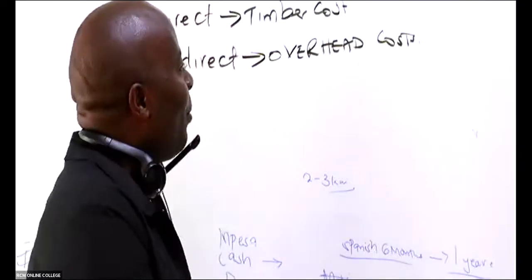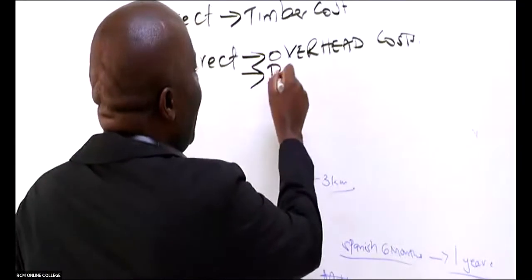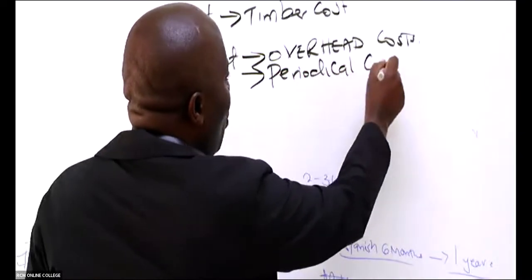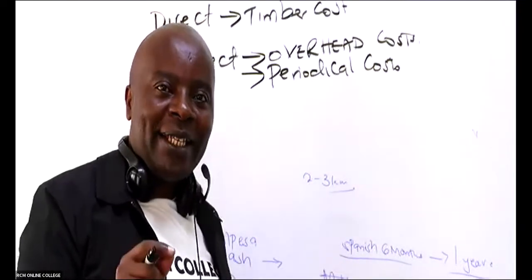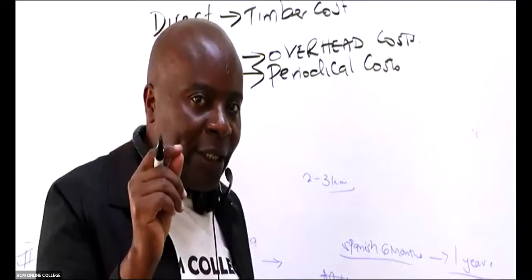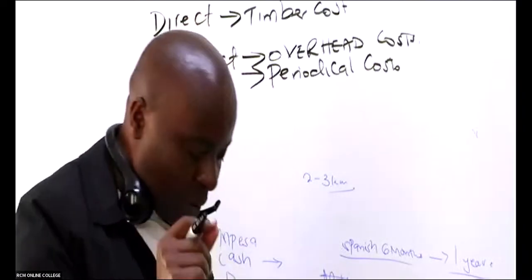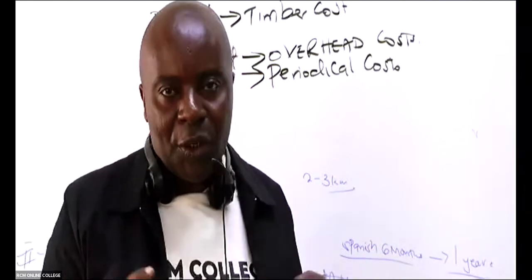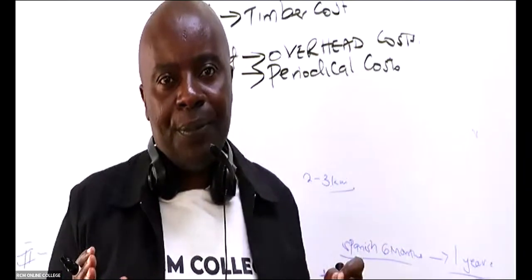We should also be able to see that these indirect costs, in most cases, are paid periodically. Periodical costs. Like rent, we pay rent on a monthly basis. Now, let me ask you a question. Assuming we are in a classroom, all of us, and this classroom rent is 50,000.